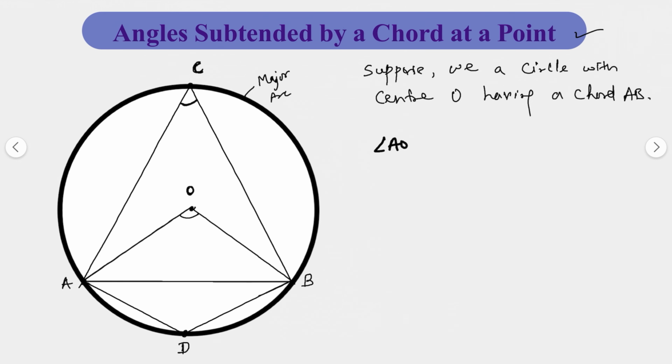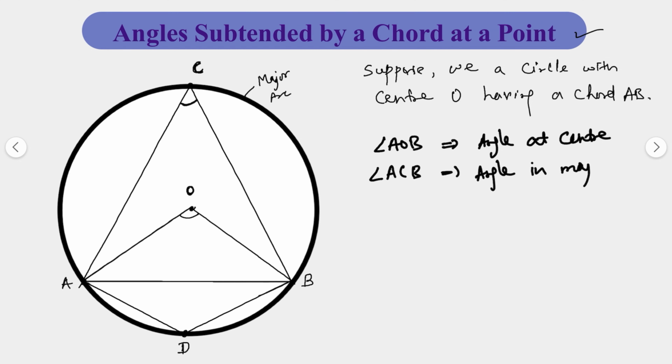The first one is angle AOB, which is the angle at the center. Second, we have angle ACB, which is the angle in the major arc of the circle.